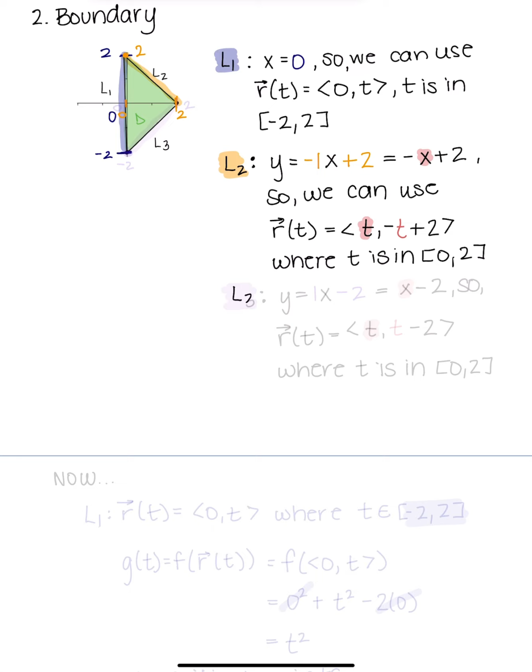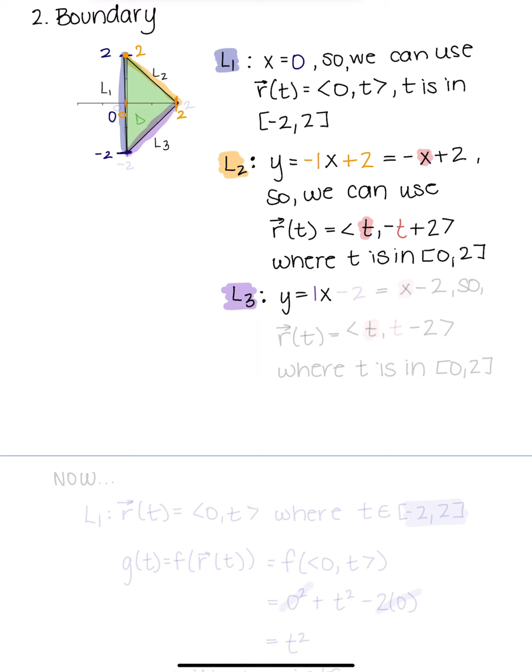Now the third line, L3, is this one. L3 is very similar to the last one we just did. It's a y equals, and let's use slope-intercept form, except this time the slope is going up 1 over 1, so the slope will just be +1 x.